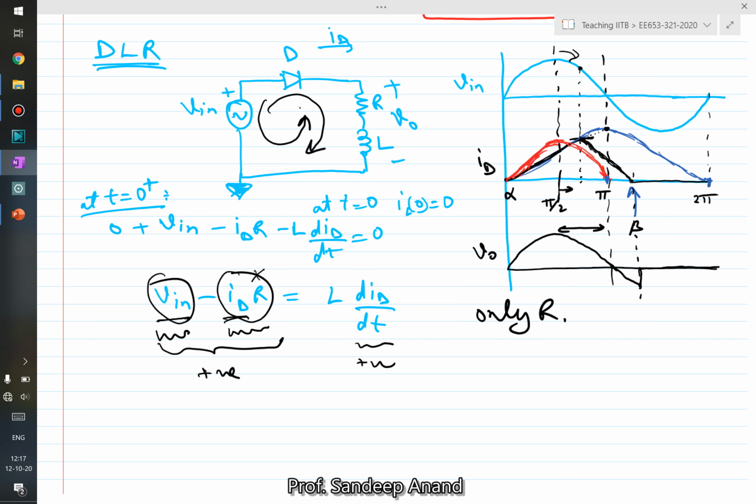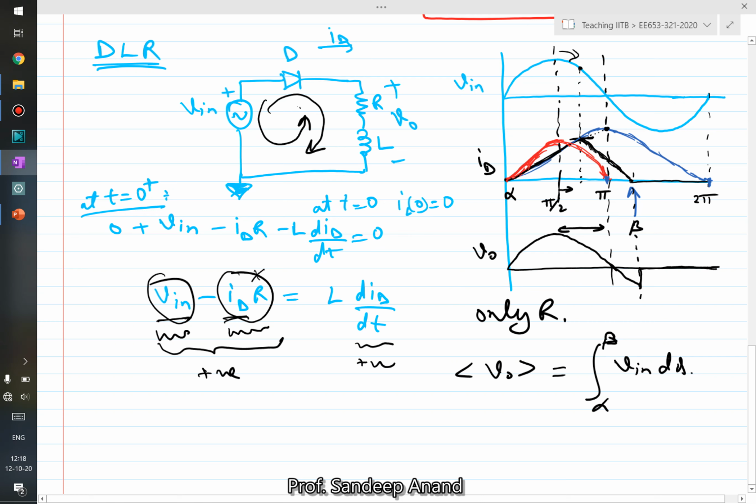Now looking at this circuit, you can find the average value of output voltage by integrating the output voltage from alpha to beta. You can integrate the output voltage upon 2 pi, and you will get an average value of V0. You can see that the average value of V0 is now not equal to 0, so that means you have a DC output.